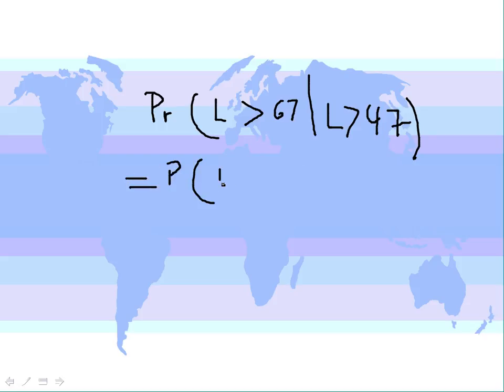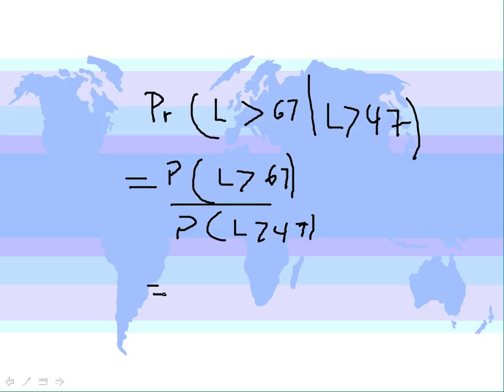Well, that's the ratio of the two unconditional probabilities. It's the probability of the loss exceeding 67 divided by the probability that the loss exceeds 47. Now, we found that 47 million was around the 58th percentile, so the probability of exceeding it was about 0.42.